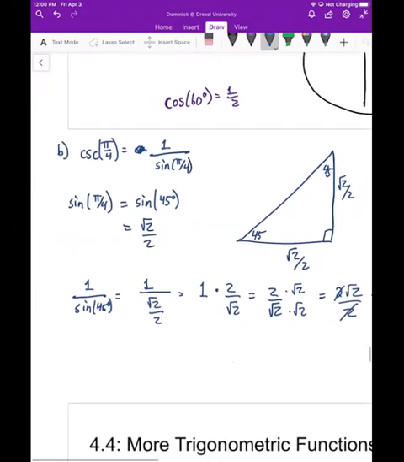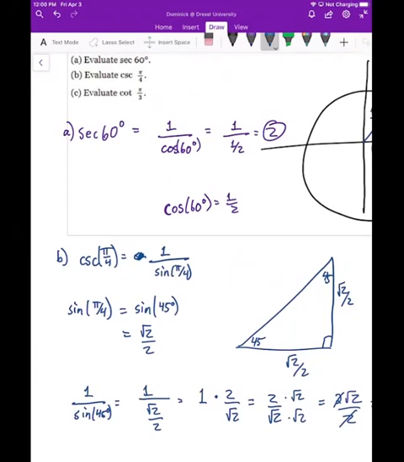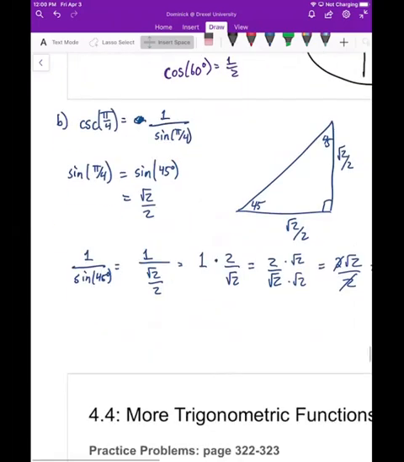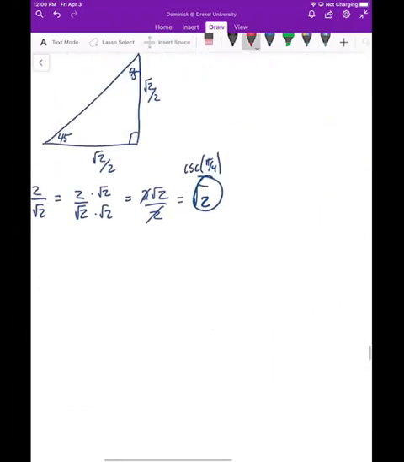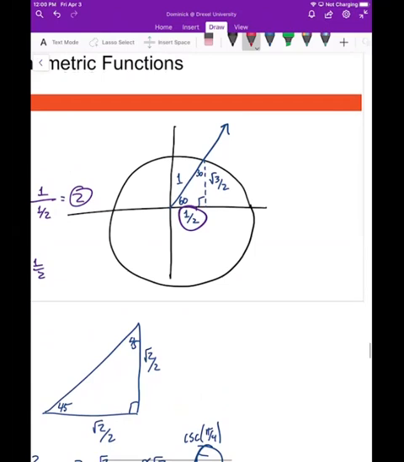All right, and finally, part C, we're doing cotangent of pi over 3. I actually think I can reuse this triangle here, right? Because if you look at pi over 3, what is pi over 3? Well, in degrees, that's 60 degrees, right? So I can reuse this. Now, the cotangent is 1 over the tangent.